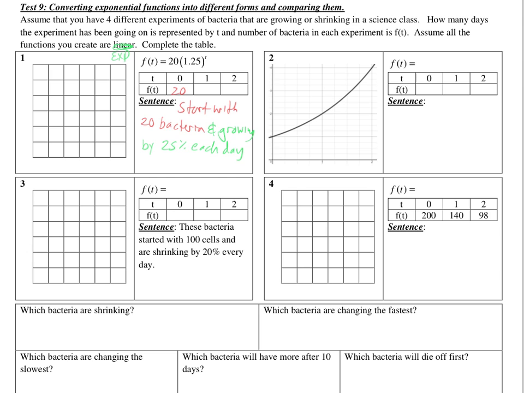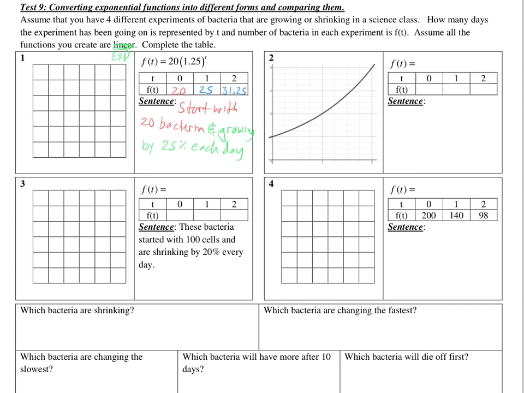Let's see what we get. Right here, 20 times 1.25, and we get 25. Now we're going to take 25 and multiply by 1.25. And you get 31.25. So right there is our sequence of numbers.